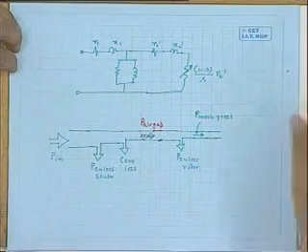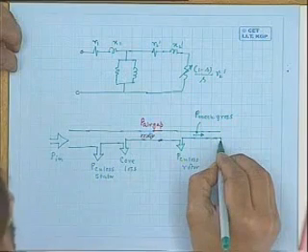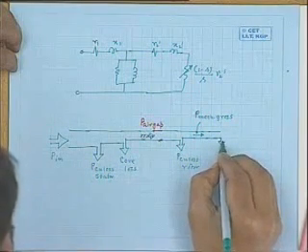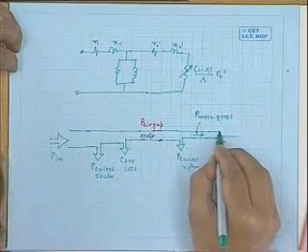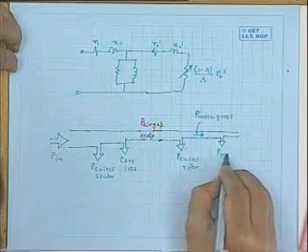And net mechanical power, how will you get? From this, you subtract the mechanical losses, frictional losses. That is also mechanical power the machine has to develop, but it will not do any useful work for you.